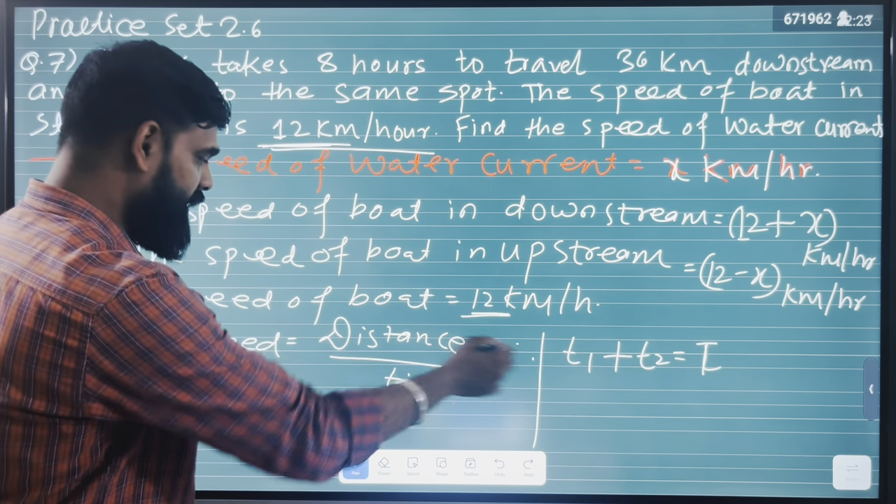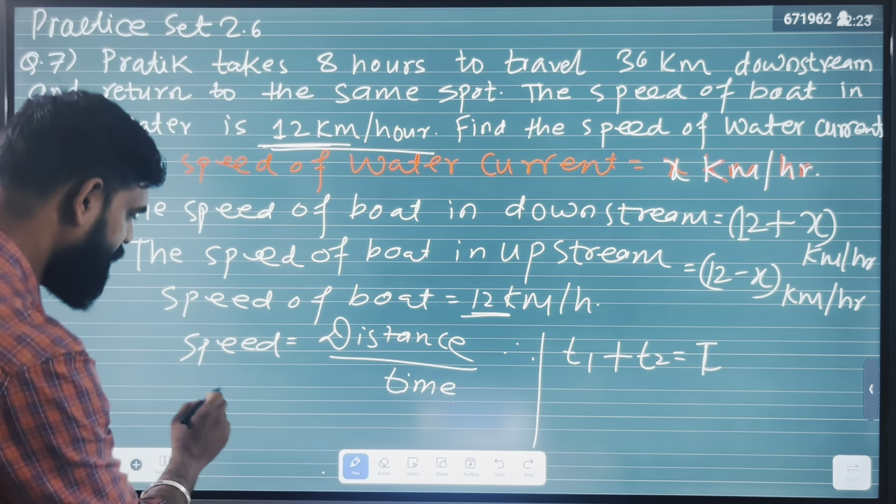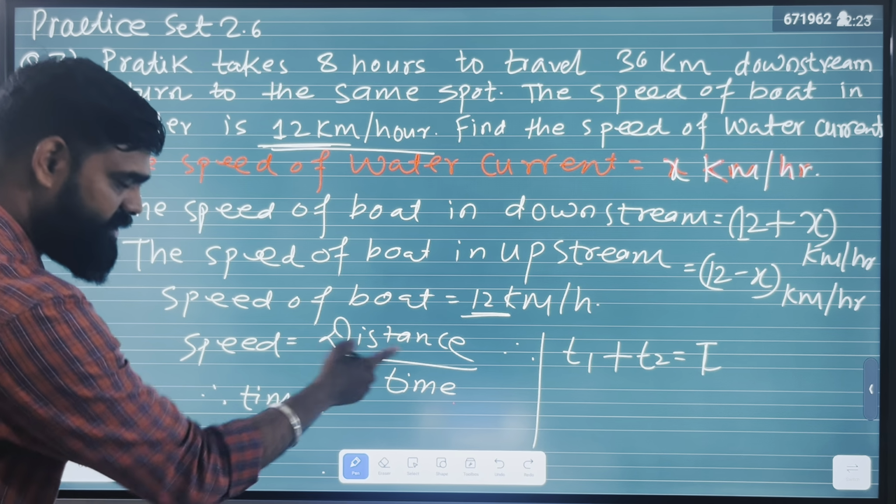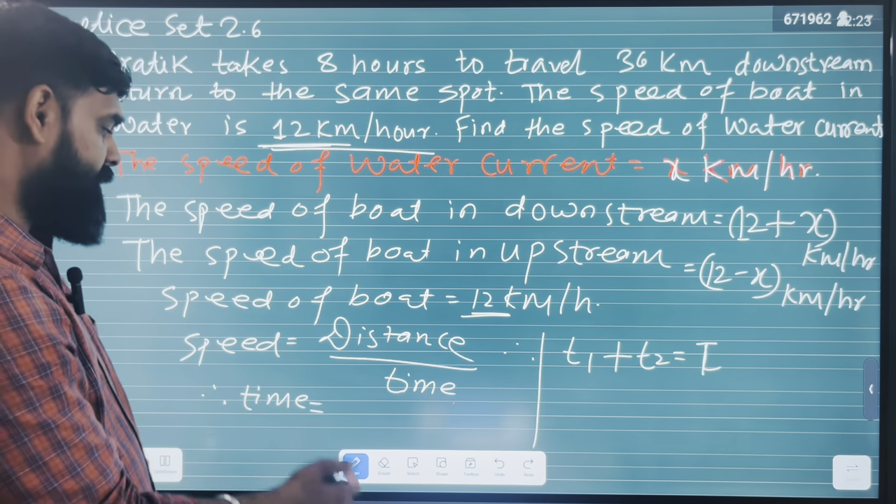If we want to find the time, by using the formula speed is equal to distance by time, we can easily make the formula for time. So time is equal to distance by speed. Okay, so the formula for time is distance by speed. So t1 means what?